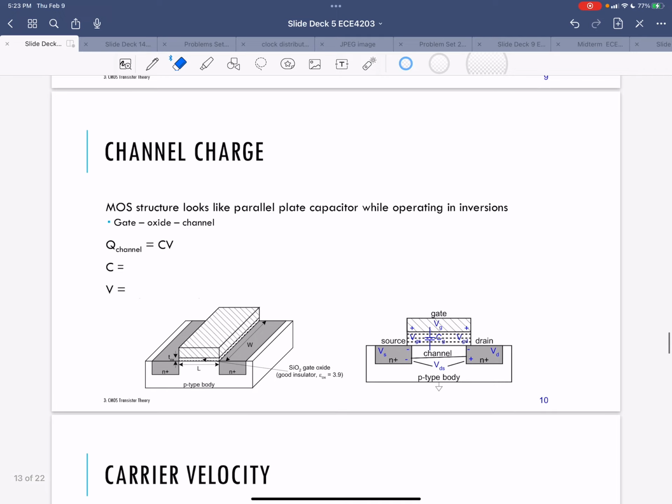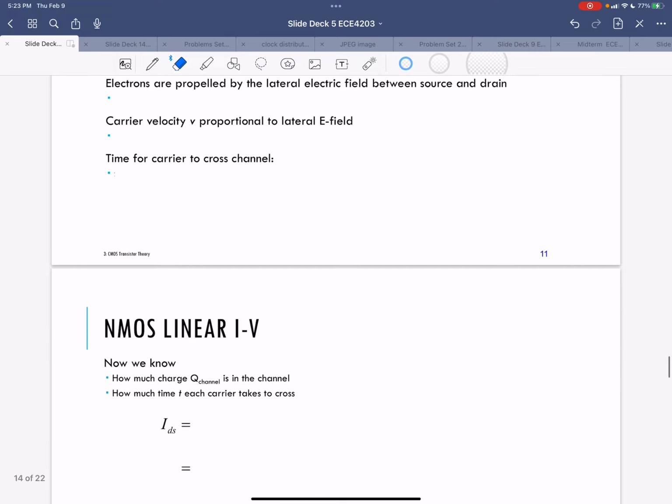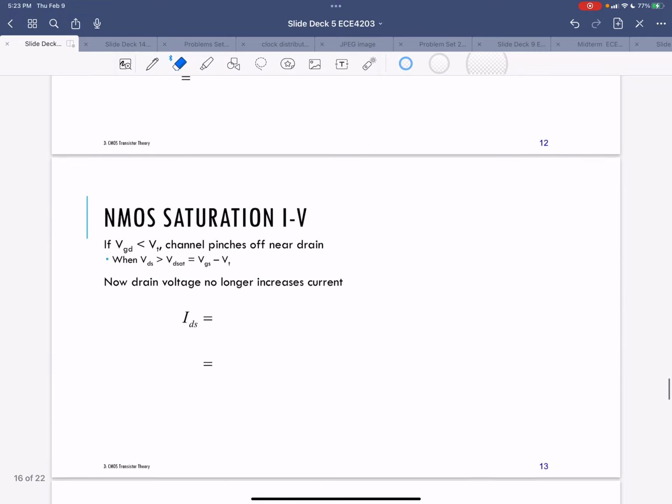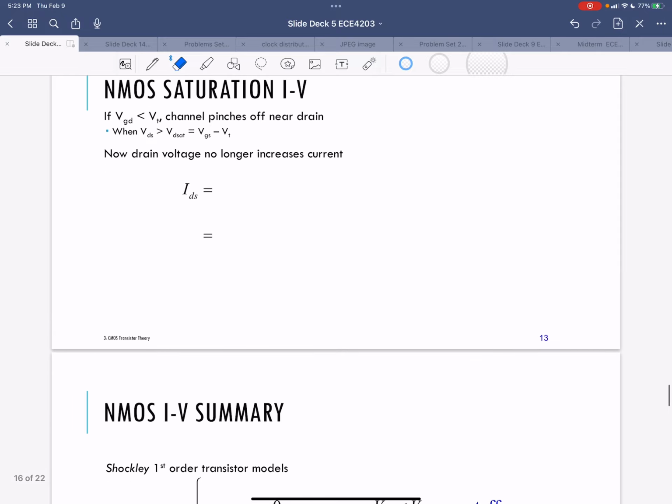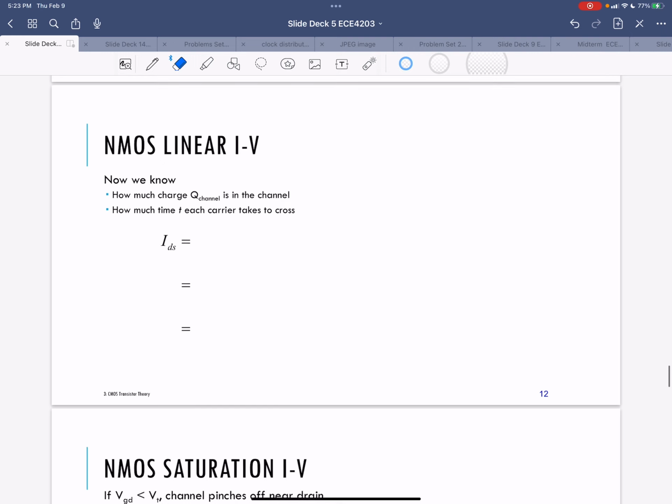So let's see, what do I want to say about this stuff. This is sort of the calculation of all these values, but I don't want to get into doing the proof because it really doesn't matter.